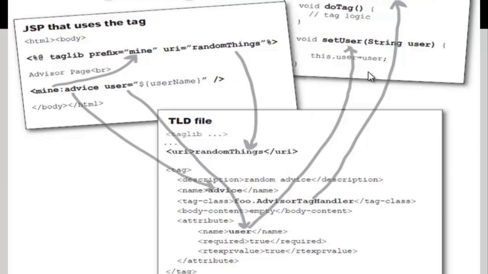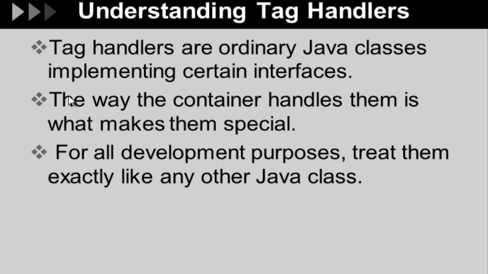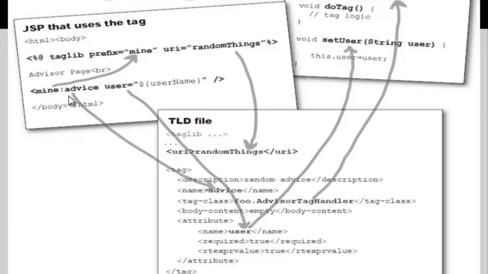Now, how is it written? The page is written in a slightly different way. First of all, I can't just write advice here. Now, I may want to show an ordinary banner, a header on top of every page. So I may be tempted to use a tag that looks like head.